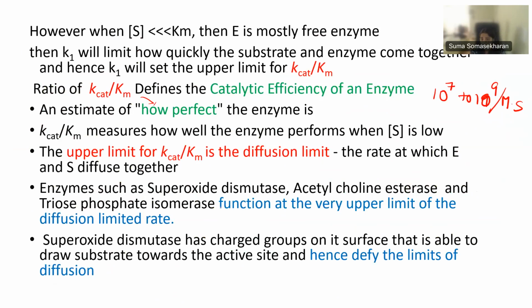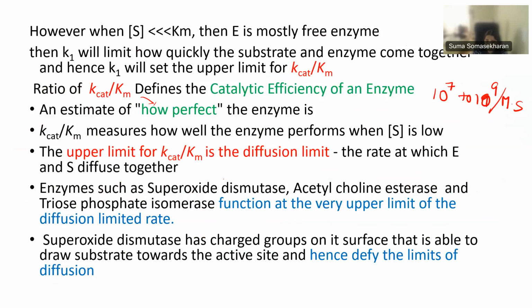And there are several enzymes which actually function at the very upper limit of this diffusion limited rate. For example, superoxide dismutase, acetylcholine esterase, triose phosphate isomerase. These are enzymes which play very significant roles.